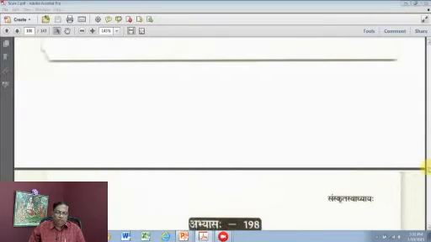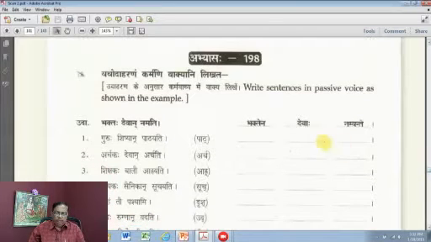So here we go. Srinivas, Guruh shishyan pathayati. Guruna shishyah pathyante. So very simple. Each one you go by the rule: Guru, subject, put it in Tritiya, Guruna. Shishyan, Dvitiya Bahuvachana, becomes Prathama Bahuvachana, shishyah. Pathayati, which is the verb, has to agree in the passive construction with the Shishya shabda and not with the Guruh. In the active, Guruh pathayati is the agreement: subject and verb.